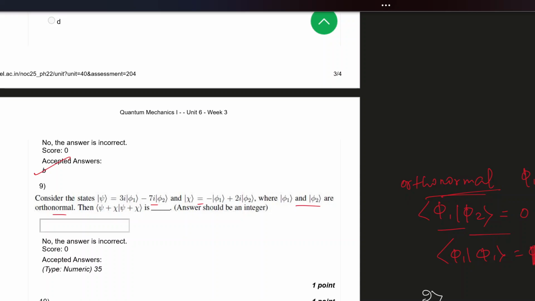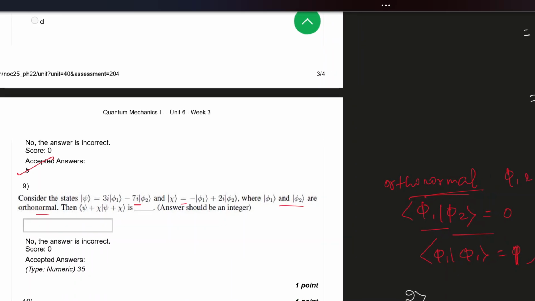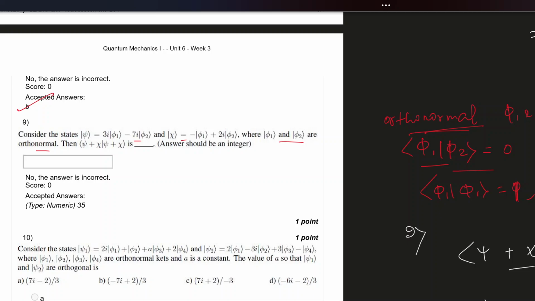So basically psi plus chi, this new vector you have to first find out and then take the normalization like this. So first psi plus chi, this will be simply psi ket, psi bra plus chi bra. So psi equal to 3i phi 1 minus 7i phi 2, minus chi bra equal to phi 1 phi 2.